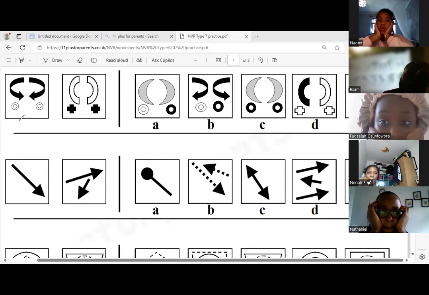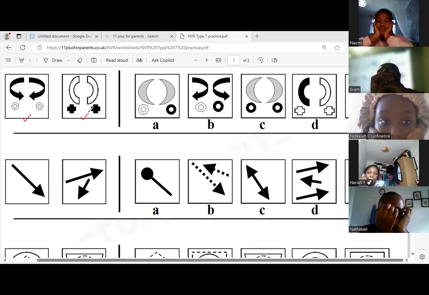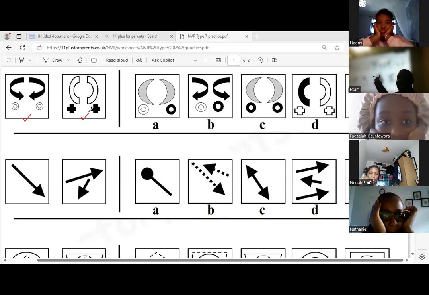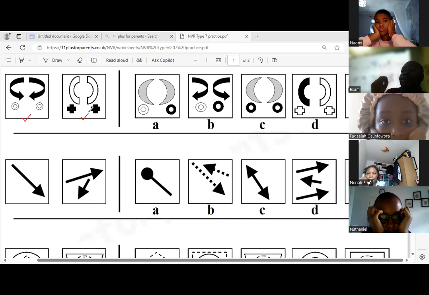So let's look at what this and this have in common. I want everyone to think about it very deeply. And remember, when you cannot find what they have in common, look at what the things inside the first tree have in common.